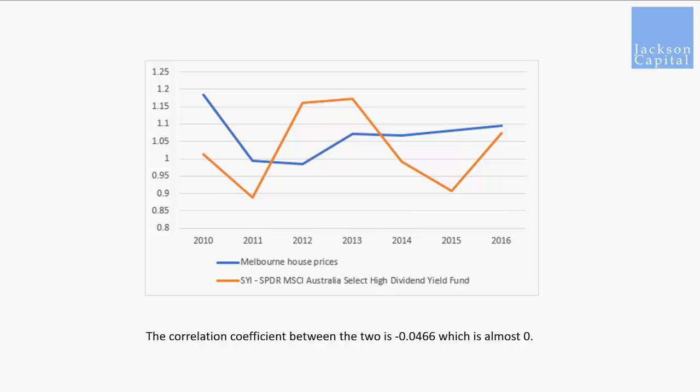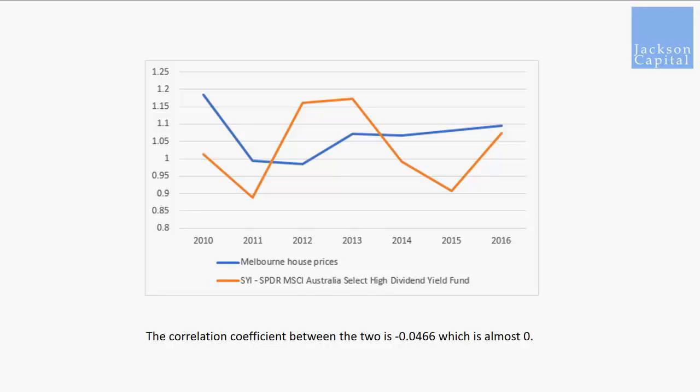Okay, so let's put this into the real world. Take the below two investments. One is the Melbourne median house price between 2010 and 2016, and we're comparing it to SYI, which is an Australian Select High Dividend Yield Fund, a popular index tracking ETF.